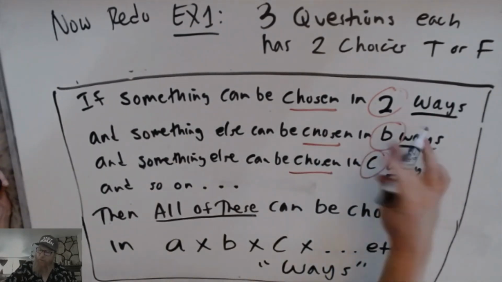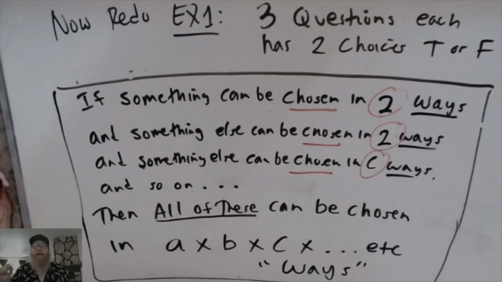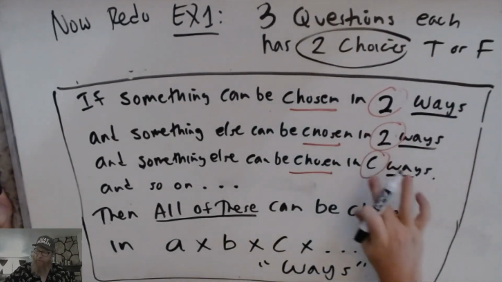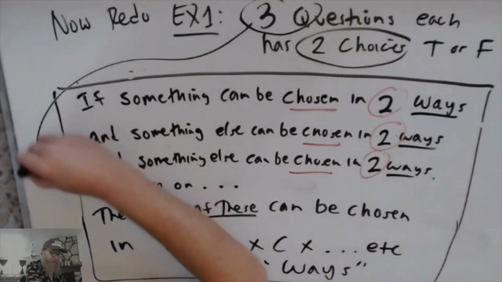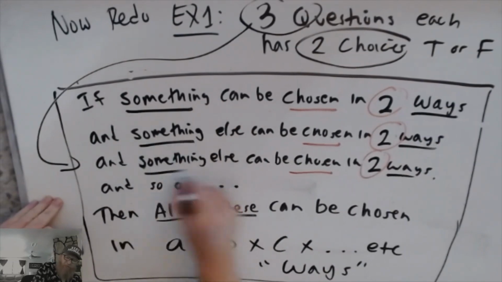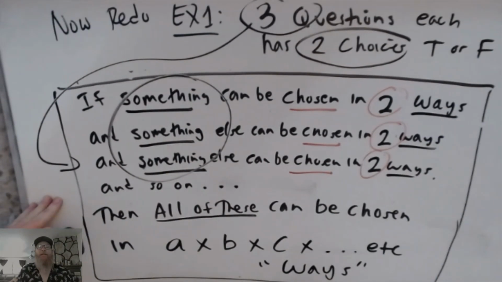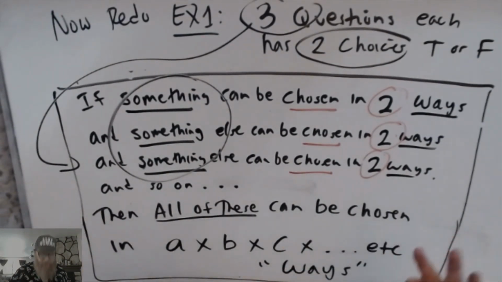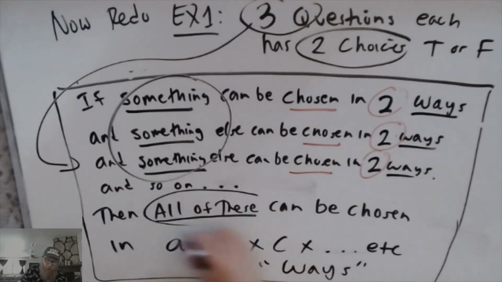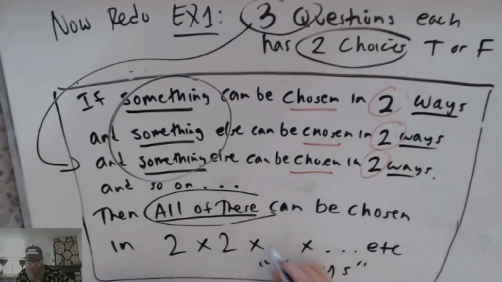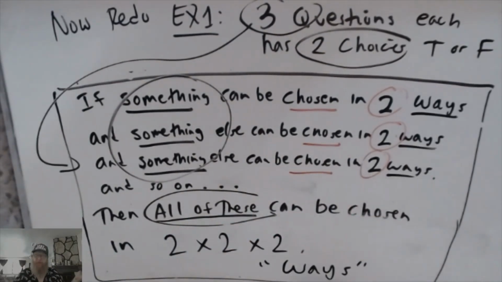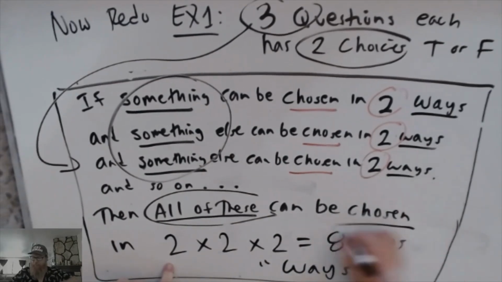The second one can be chosen in 2 ways because there's 2 choices for each question. The third question is 2 ways. So this only has 3 questions. 3 questions tells you the number of somethings that you have. So there are 3 somethings. Then we can choose all of these in 2 times 2 times 2. Since we only have 3 things, we're going to stop there, which is 8 ways.